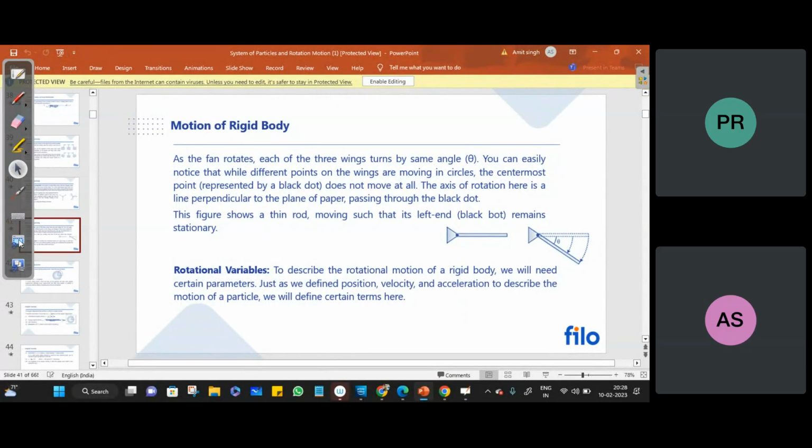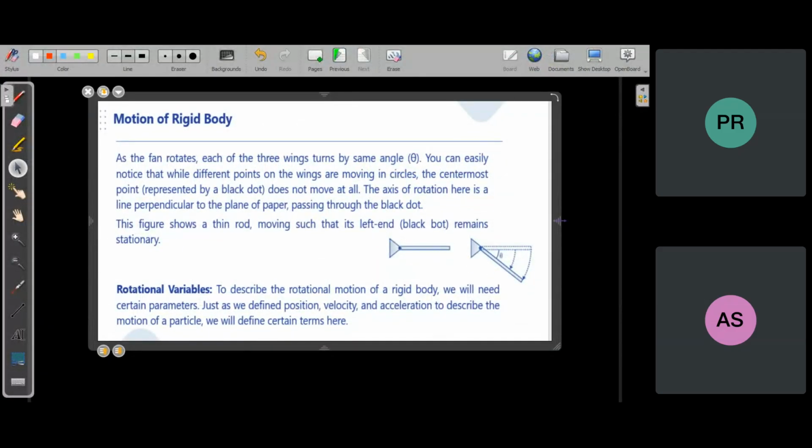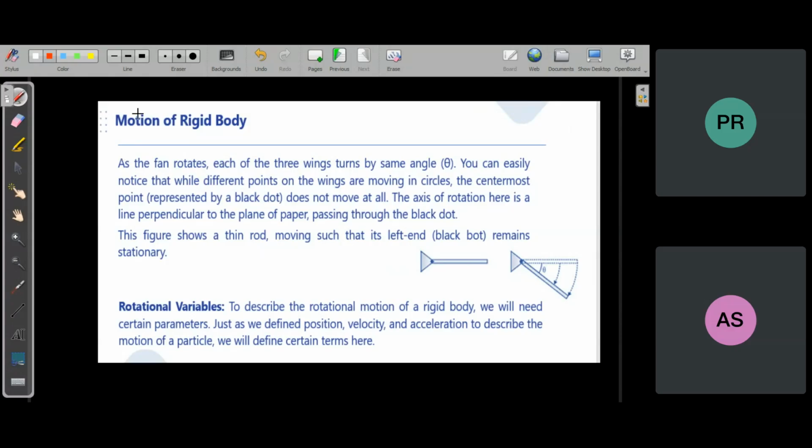Now, to understand the motion of a rigid body, we'll have to introduce some angular variables. Here you can easily see that there is a rod, and this rod is hinged about a point. This rod can rotate because it is hinged about this. So it can rotate like this if you release it.